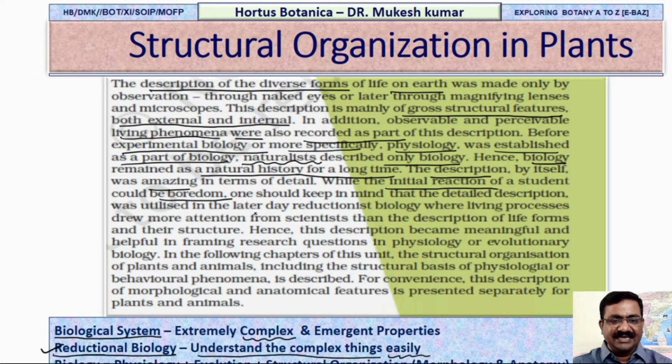Yes, they later developed reductionist biology. Reductionist biology means the scientist works on reductional biology. What happened? Living processes drew more attention from scientists than the description of life forms and their structure.